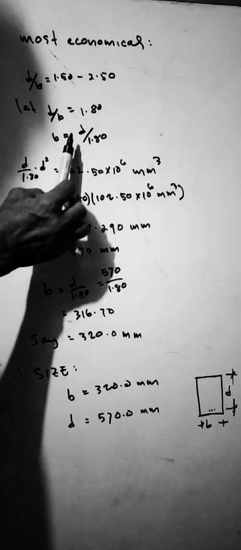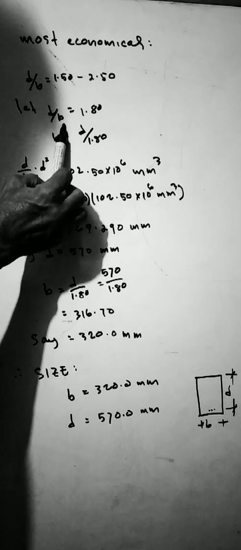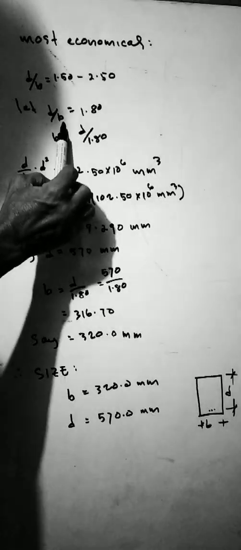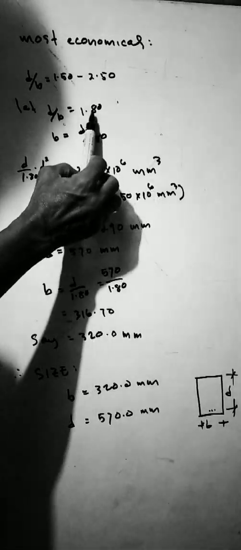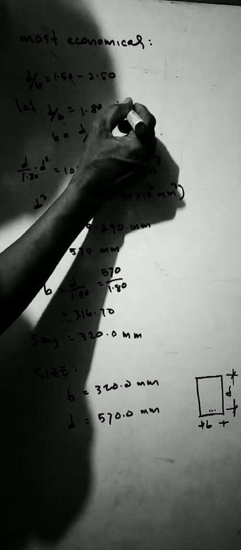Okay, so we need the base. We solve the base. When we transfer the base here and transfer also this into here, it becomes like this.